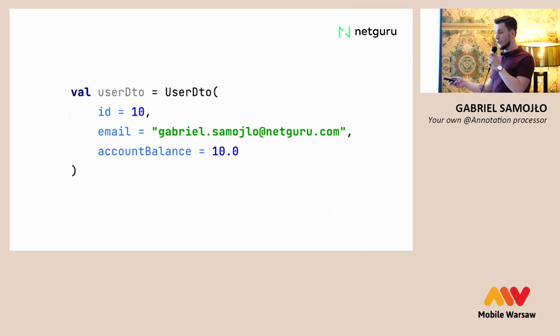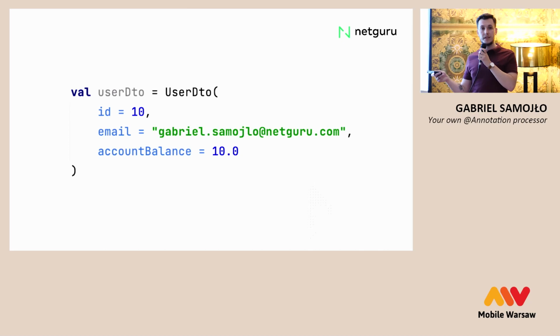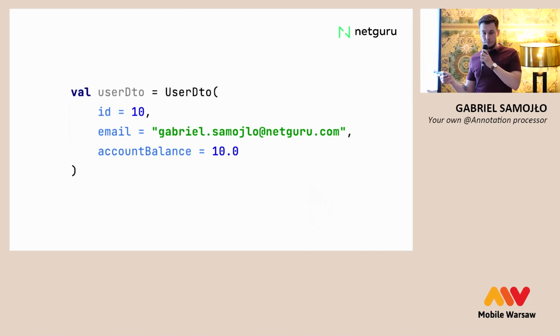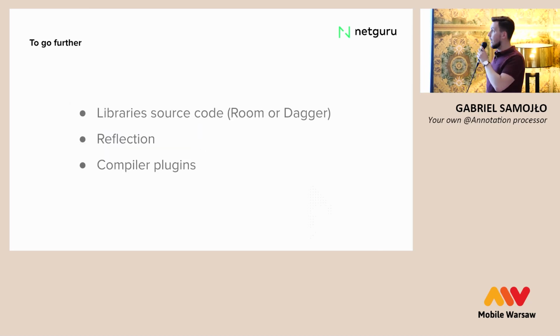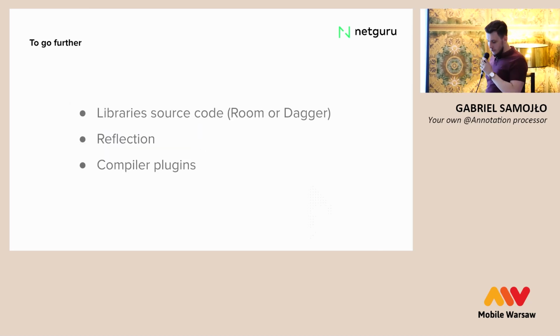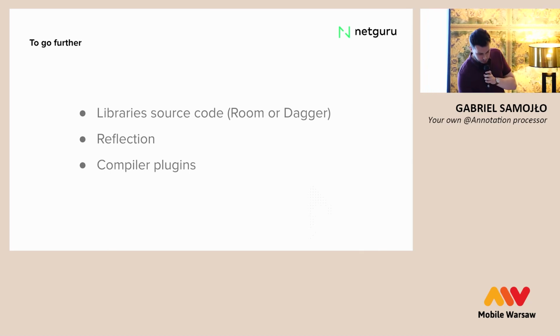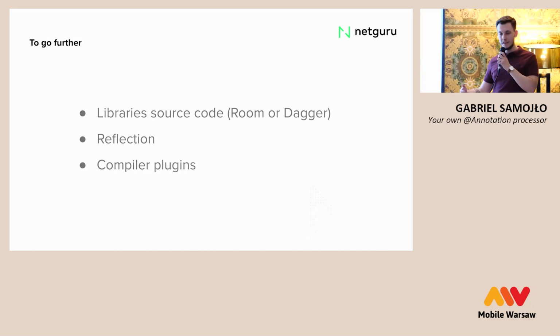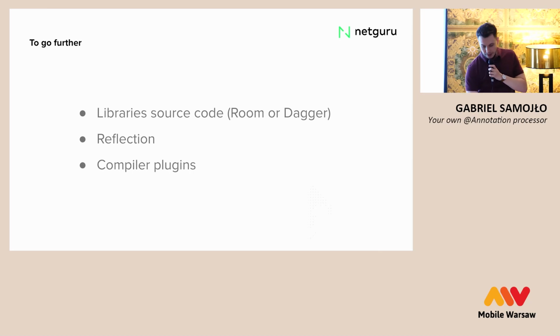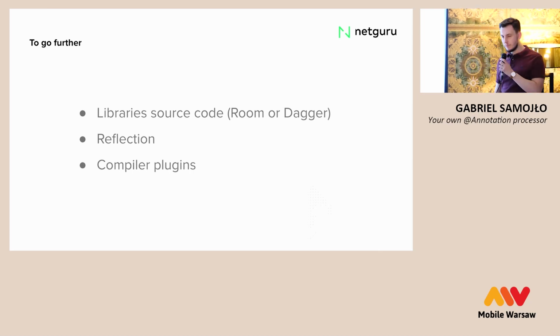And from the code review perspective, you are not able to see any difference, because it doesn't matter for the compiler and for your colleague whether that class was written by you or generated by our annotation processor. And to go further from this, because I really don't want to show you another slide with the code and explain how we can build with it, we actually can build a lot of stuff.